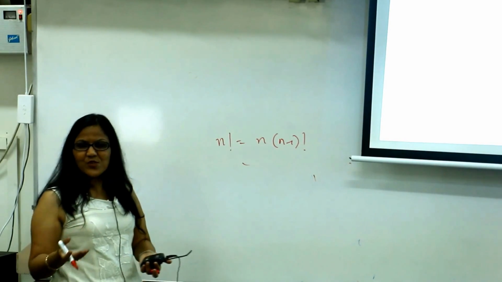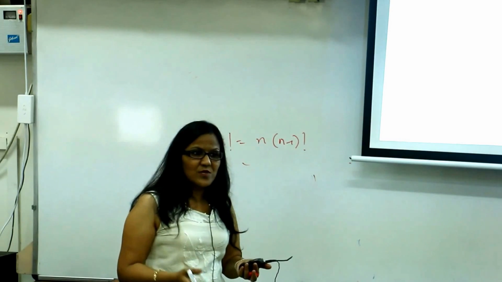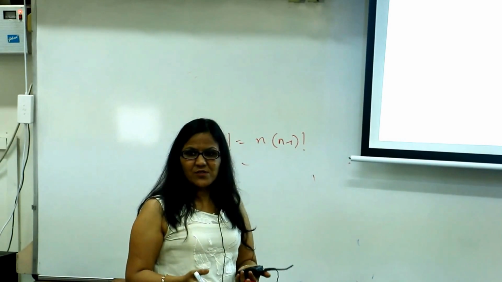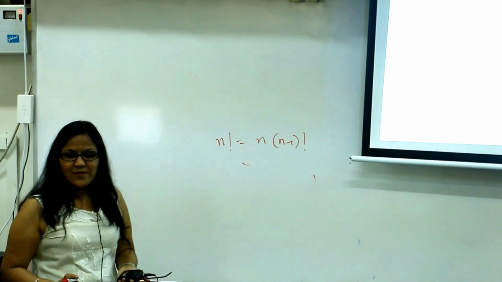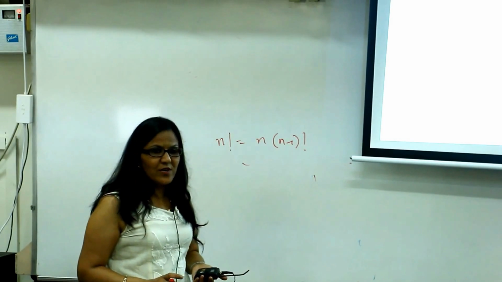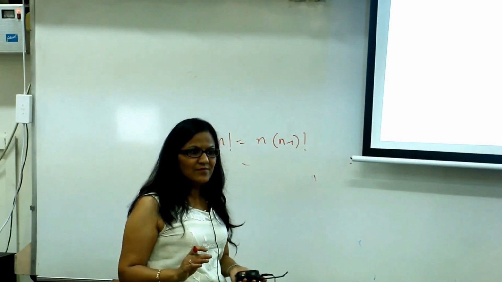But at some point of time, we need to tell them that this was only to explain how recursion works, but it should not be used. The recursive algorithm should not be used to compute n factorial. N factorial can be computed iteratively very easily.